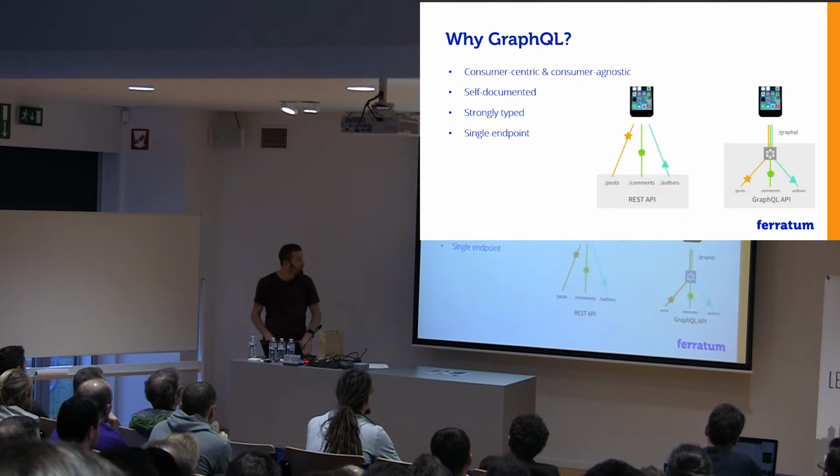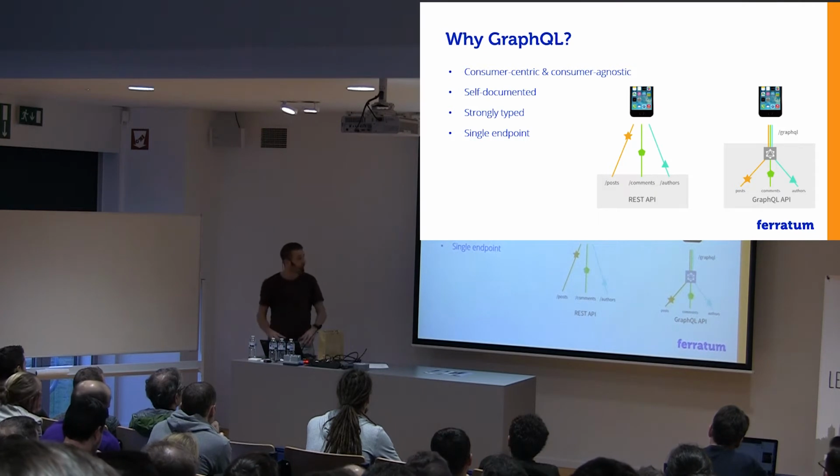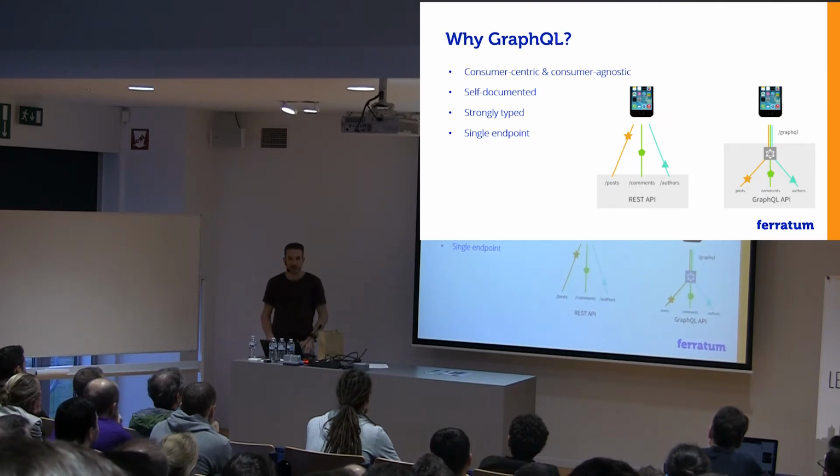And it's a single endpoint. That means all the information is requested in one single request, as opposed to having multiple REST endpoints and doing multiple requests to each of them, and this obviously increases performance.